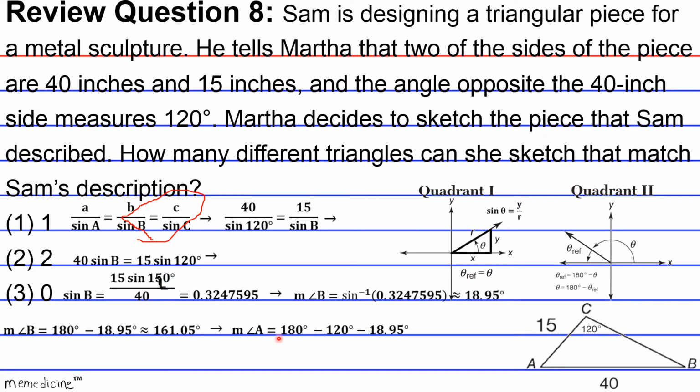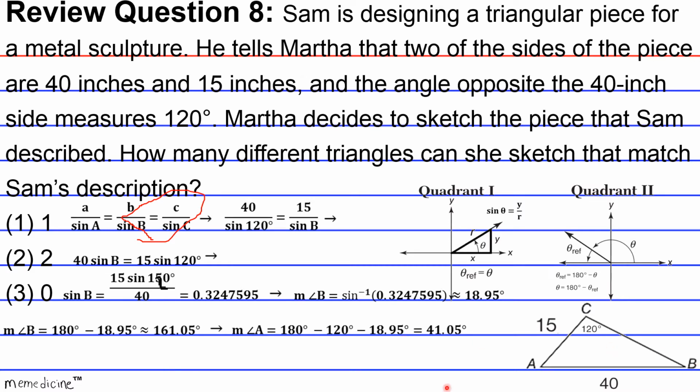The measure of angle A would be 180, because remember, the three angles of a triangle add up to 180 degrees. Then we're going to subtract our known given value in the question stem, 120 degrees. And then we're going to subtract one of our derived values for angle B, which is 18.95. And we find out that the measure of angle A in this scenario would be 41.05 degrees. Hence, we know that at least one triangle is possible, okay?